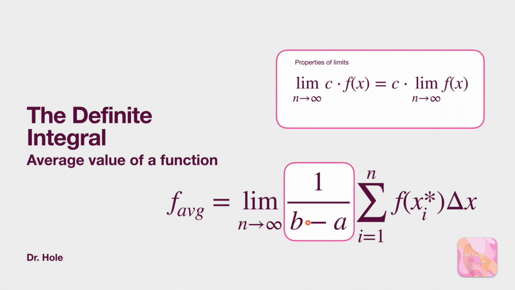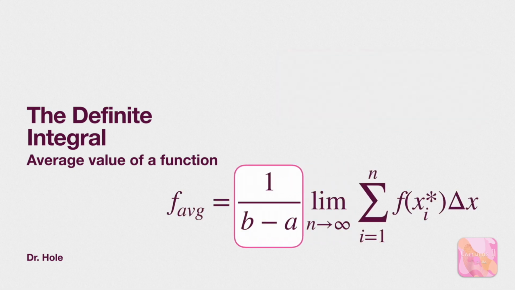This 1 over b minus a is just a constant, and thanks to properties of limits, this constant can be brought to the front of the limit. So we can interchange these two operations. So now the constant is brought out in front, and we'll first perform the operation of taking the limit. Oh, but this is exactly the limit of a Riemann sum.